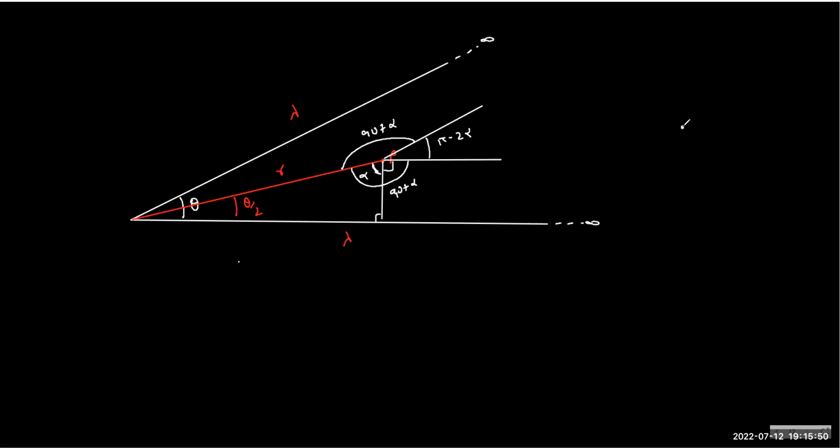So basically at point P, we have something like this. One is the bisector here, and the other is the bisector here.